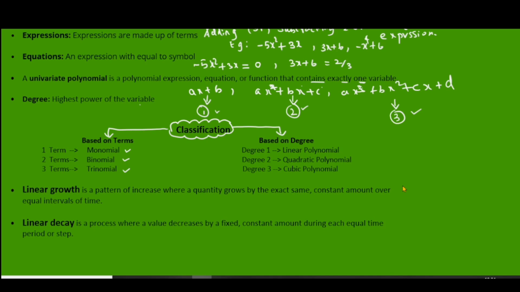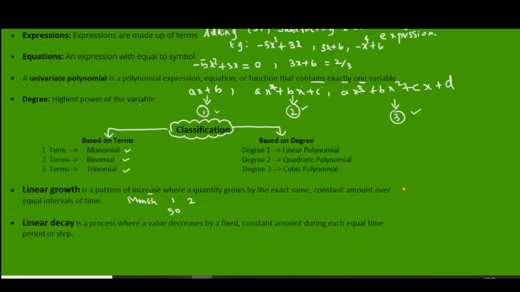Linear growth is a pattern of increase where the quantity grows by the exact same constant amount over equal intervals of time. Suppose I am saving some amount monthly. Initially, in the first month I save 50 rupees.